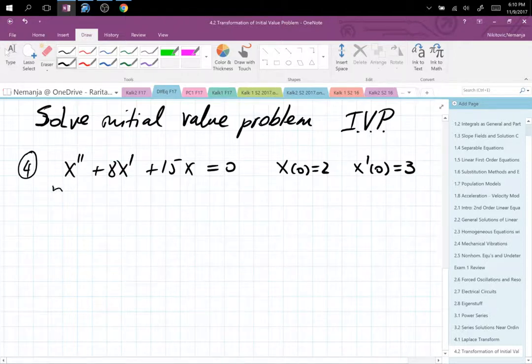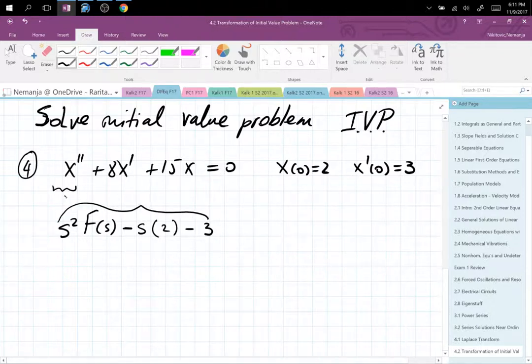I need to transform x double prime. Well, we know what that is. It is s squared F of s minus s times the initial condition, which is 2, and minus another initial condition, which is 3. So all of that is this.